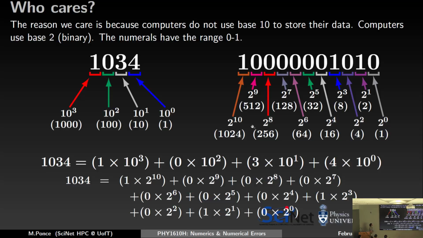Okay, so you can convince yourself that 1034 in decimal base is that long number in base 2 by looking at the powers of 2 and the coefficients in front of them. And because it's binary base, I will have only digits 0 and 1. That's why we are using it.